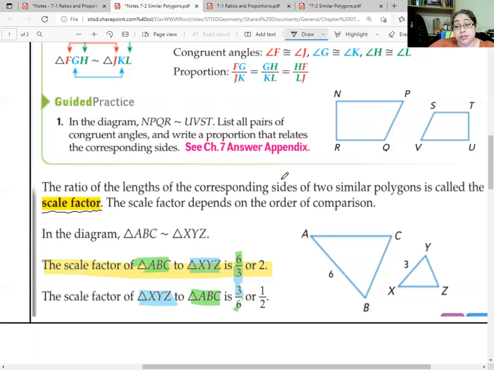That changes your scale factor. So when asked what the scale factor of shape to shape is, make sure that you put it in the correct order, otherwise you're giving us the incorrect scale factor.